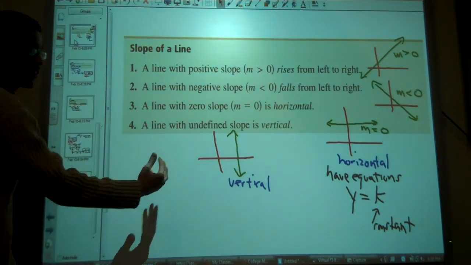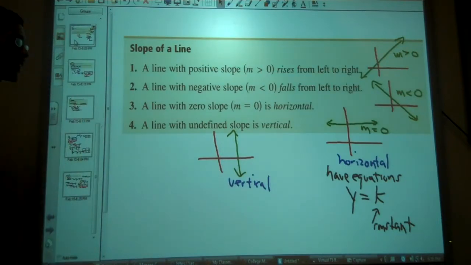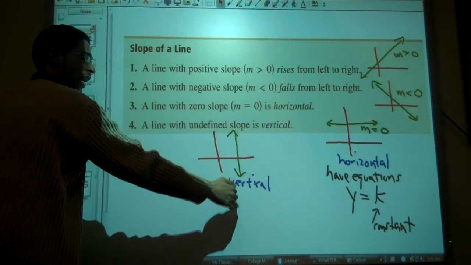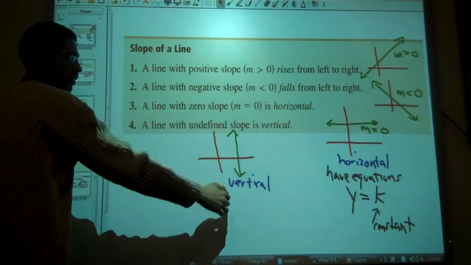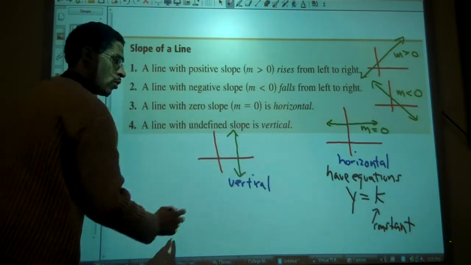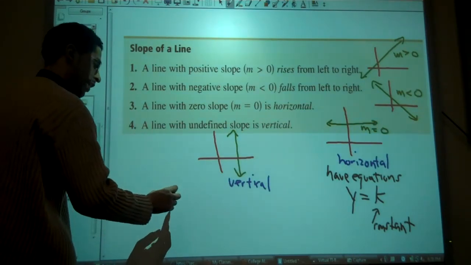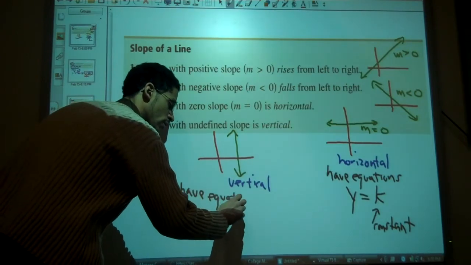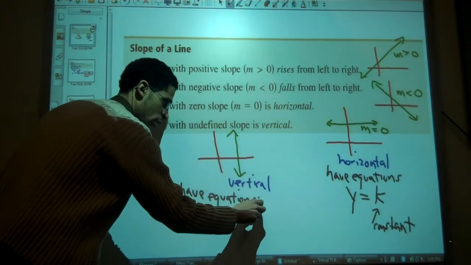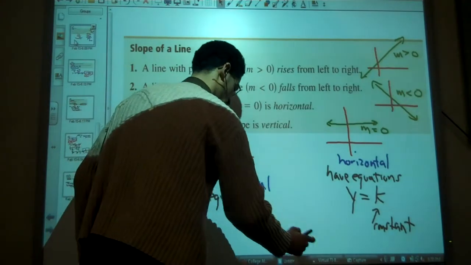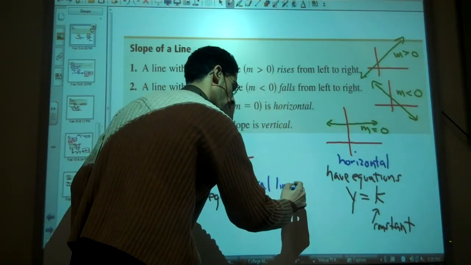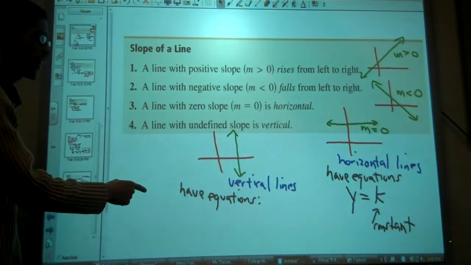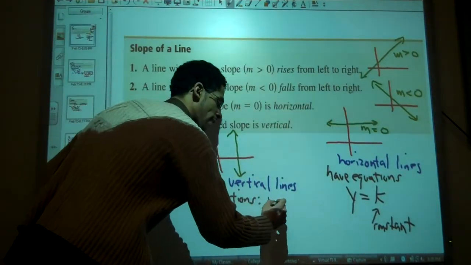So the flip of that is a vertical line. All the x's are the same. It's the y that's allowed to be anything you want it to be. So vertical lines have equations x equal to a constant.